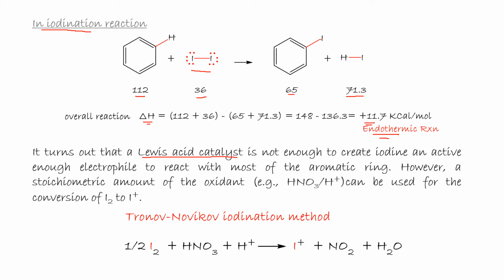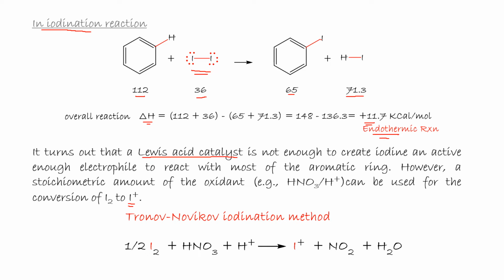If we react iodine with Lewis acid, that will not create I plus for the benzene to attack. However, a stoichiometric amount of an oxidant like a nitric-sulfuric acid mixture can be used for the conversion of iodine to I plus.